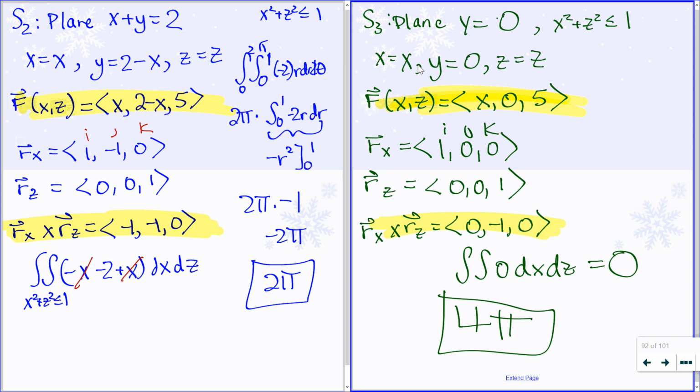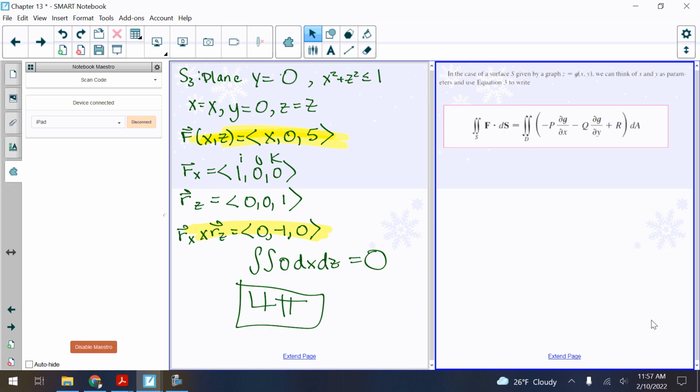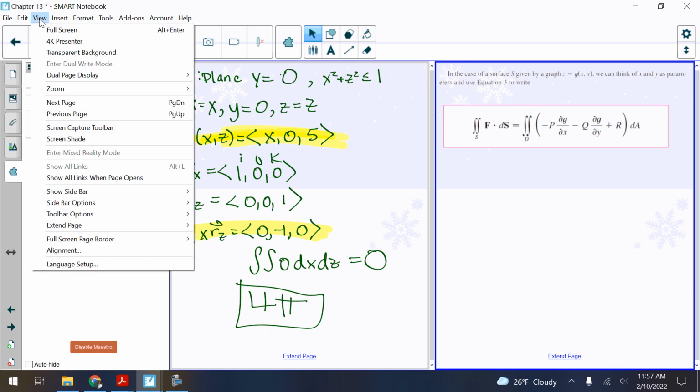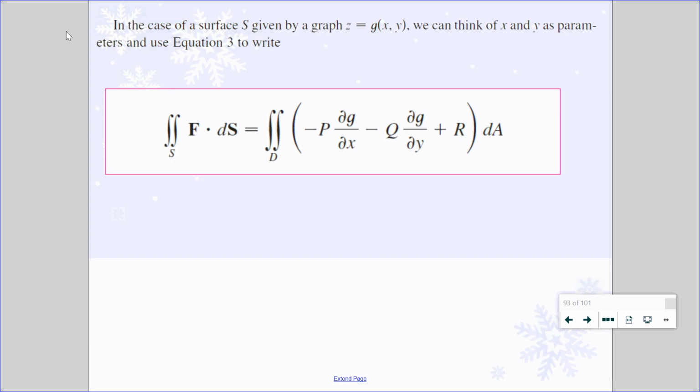Now, if you want to keep, and let me make this big, if you don't want to reparameterize and you want to keep your parameters in terms of x and y, you can just do that.